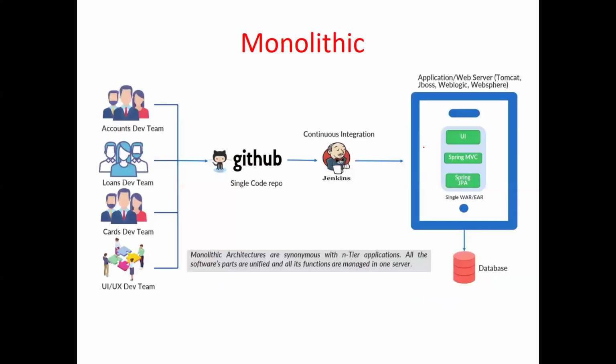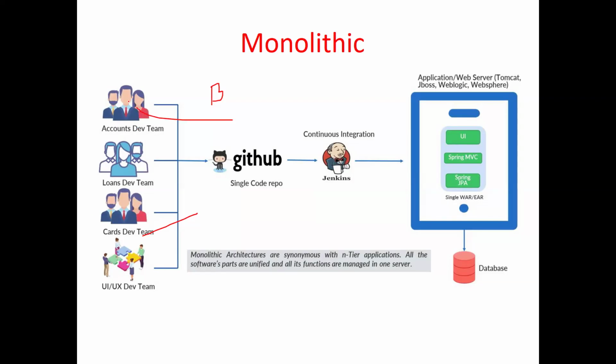If you take a monolithic architecture, say a small bank application, I got these diagrams from Google for your explanation. Inside a bank application, I have loans functionality, cards functionality, accounts functionality.